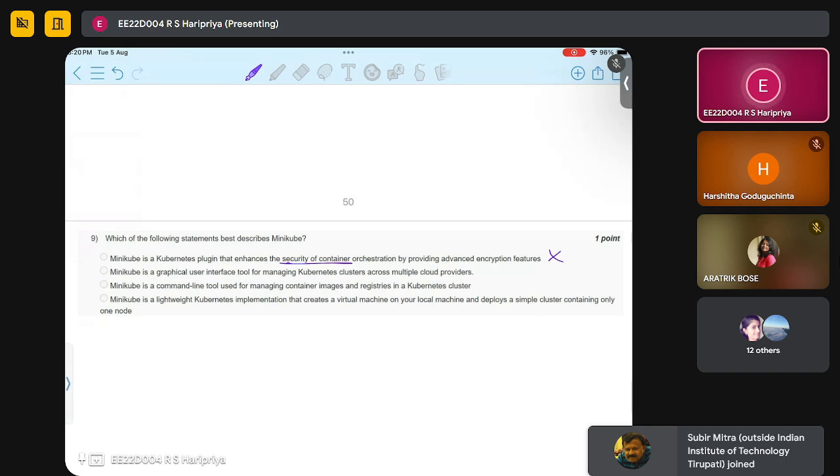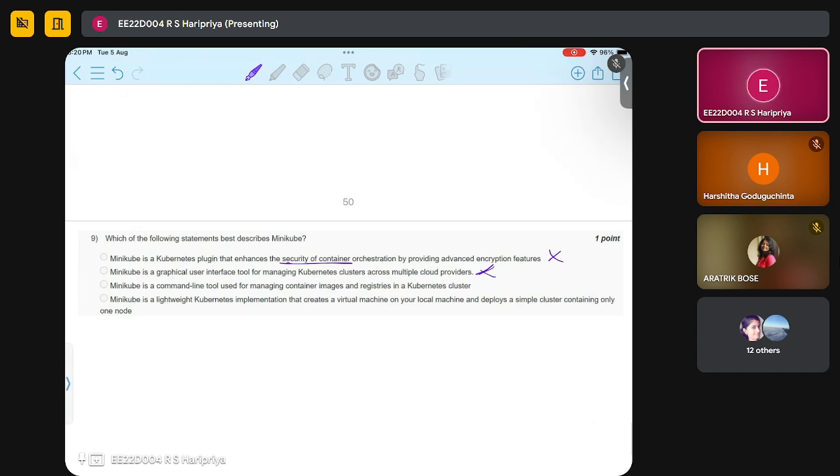Minikube is a graphical user interface tool. It's not a GUI tool either, it is a command line tool. It's not specifically managing containers, images. So this is not specifically managing this.